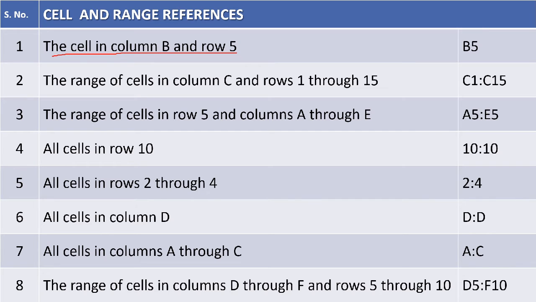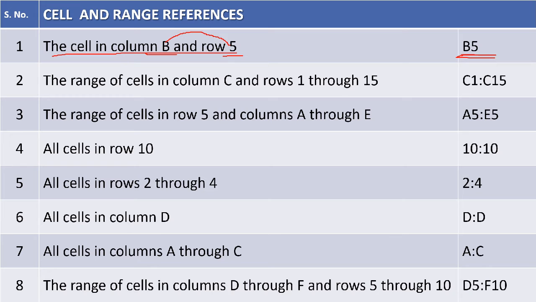That is the column name. On the left side you can see 1, 2, 3, 4, 5. That is the row. In the first example, the cell in column B and row 5. Always mention the column first and then the row. So that is B5. You should denote this as B5.